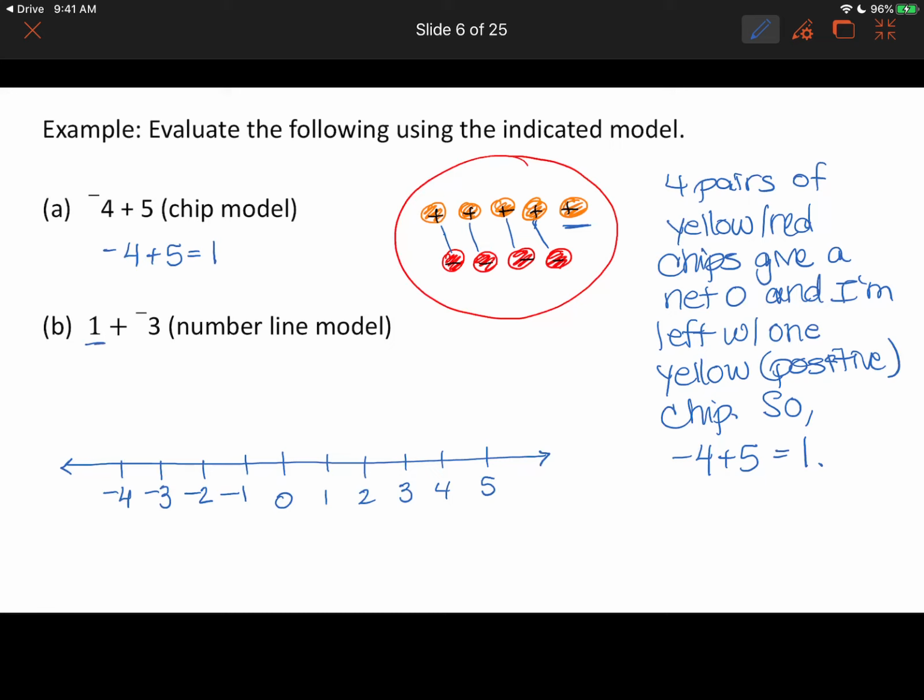And I want to move forward 1 unit. So I'm going to move forward 1. And then I'm going to move backwards 3 units. So from here, I'm going to go backwards 1, 2, 3 units. That puts me at -2.